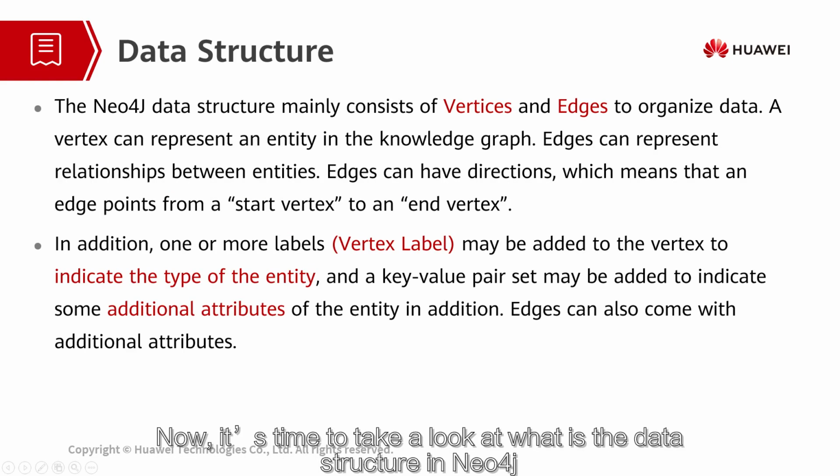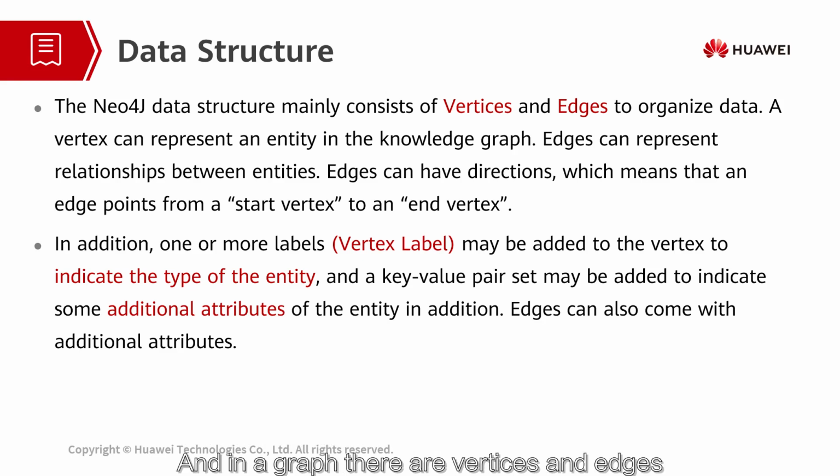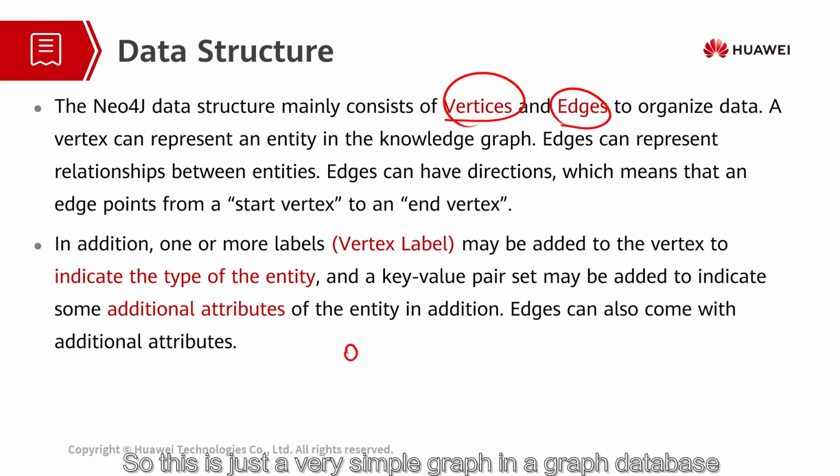Now, it's time to take a look at what is the data structure in Neo4j. As we mentioned before, Neo4j uses graph structure to store data. And in a graph, there are vertices and edges. So this is just a very simple graph in a graph database.